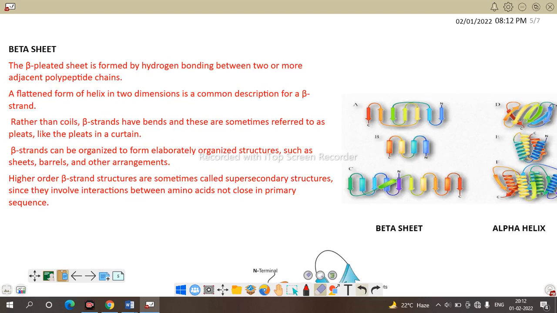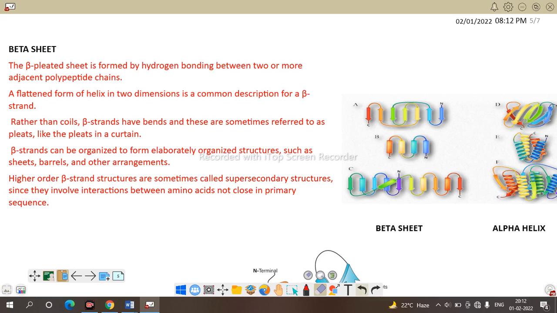Next is the beta sheet. The beta pleated sheet is formed by hydrogen bonding between two or more adjacent polypeptide chains.